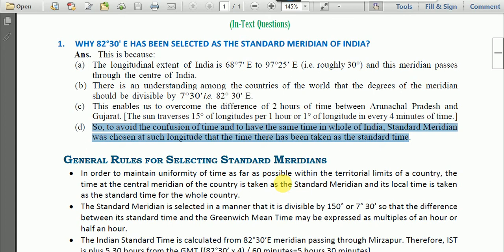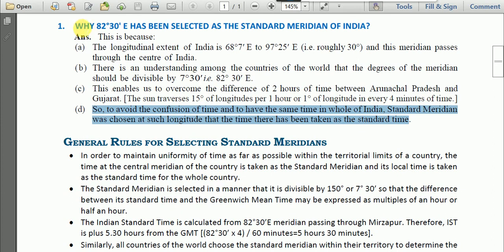We need to have the same time in the whole country to avoid confusion. The standard meridian, that is 82 degree 30 minutes east, has been chosen as the standard time for India. So this is the answer of this in-text question.